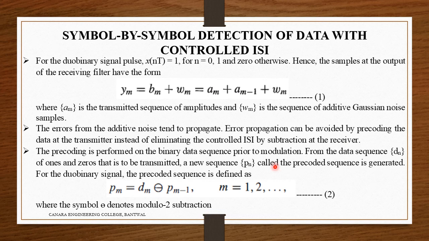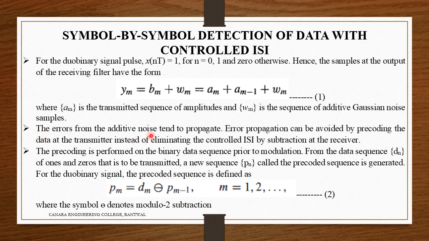Next, the symbol-by-symbol detection of data with controlled ISI. Here the duobinary signal pulse x(nT) equals 1 for n equals 0 and 1, and 0 otherwise. The samples at the output of the receiving filter have the form y(m) = b(m) + w(m), where b(m) = a(m) + a(m-1), a(m) is the transmitted sequence of amplitudes and w(m) is the sequence of additive Gaussian noise samples.